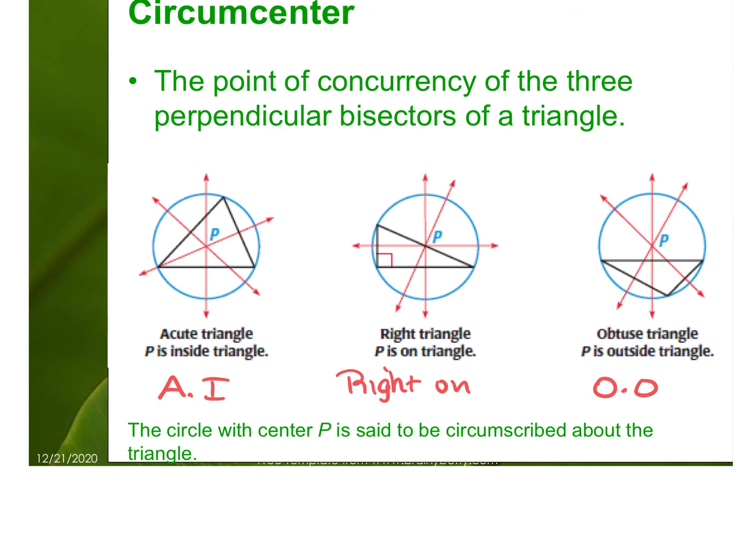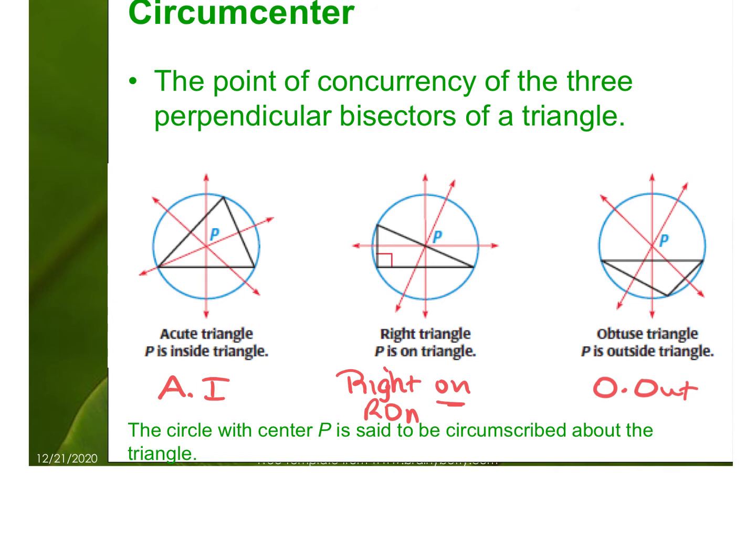Remember, obtuse is outside, but the right is on. This is where it could get kind of confusing if you used RO. You might not know if that means outside or on. So right on, but whatever trick's going to help you remember.